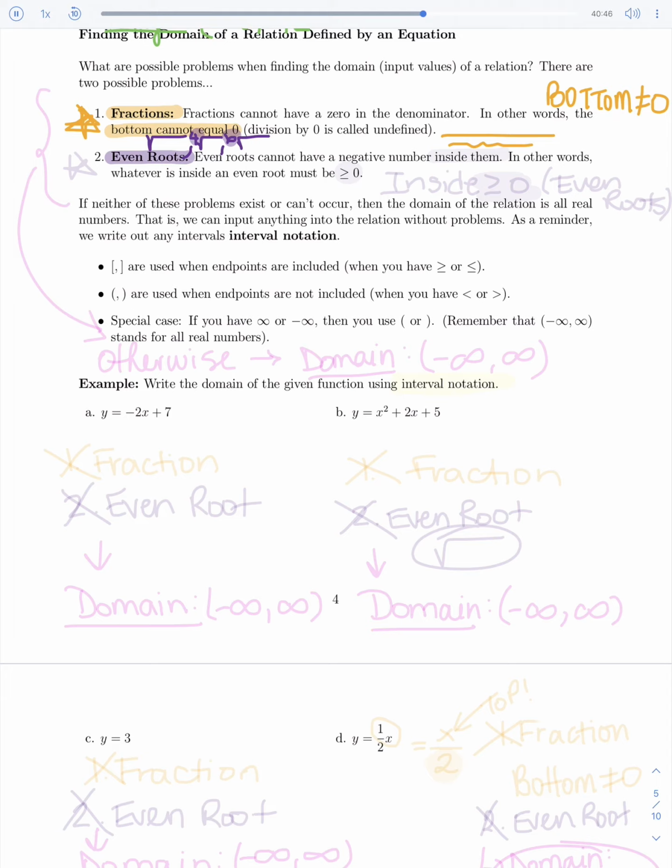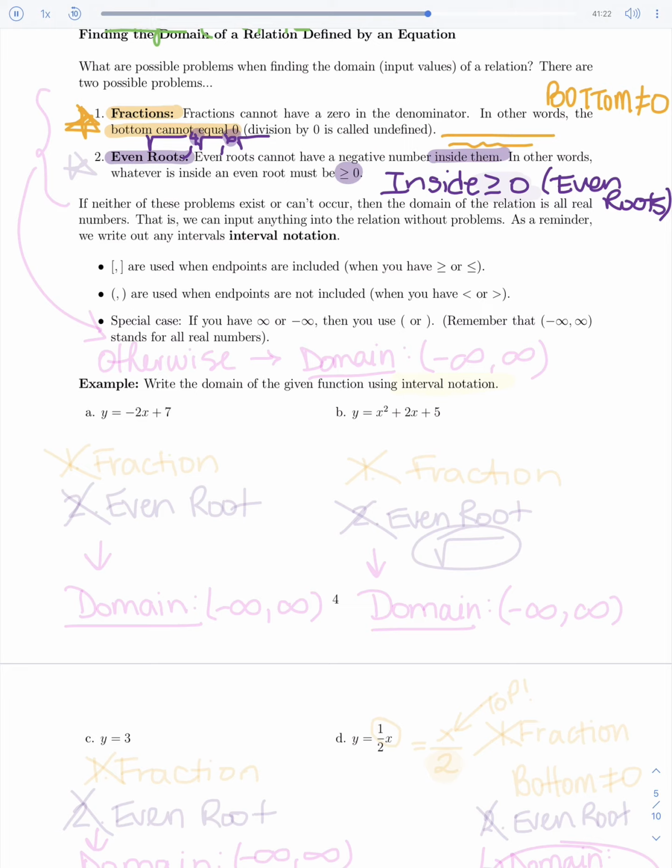So if we have an even root, remember, if you've seen roots before, you're worried about whatever is inside of them. Specifically, what's inside of them can't be negative, which means it needs to be greater than or equal to 0. So whatever's inside of our even roots needs to be greater than or equal to 0. And again, this only works if we're talking about even roots. Odd roots, we don't really care about.